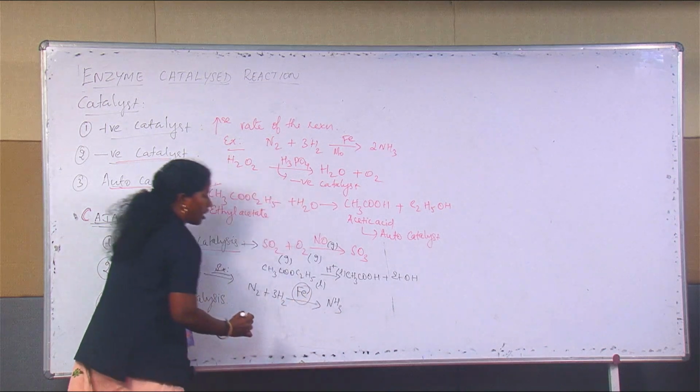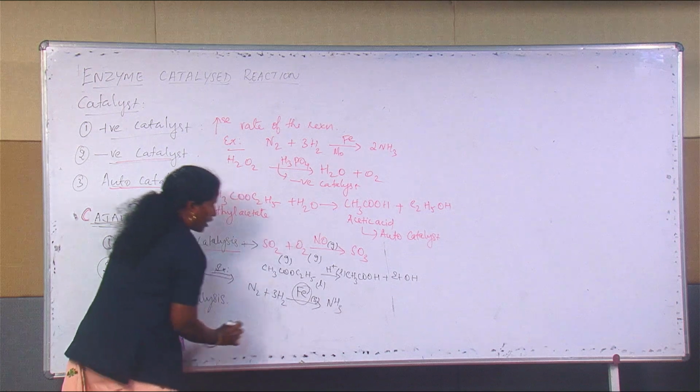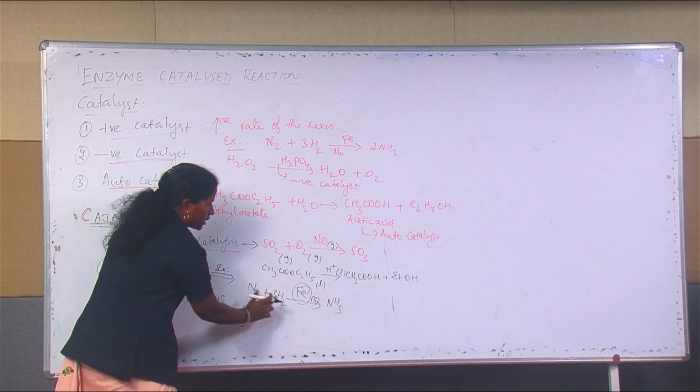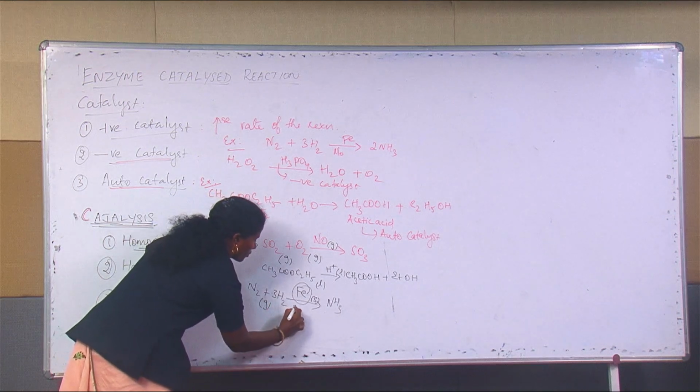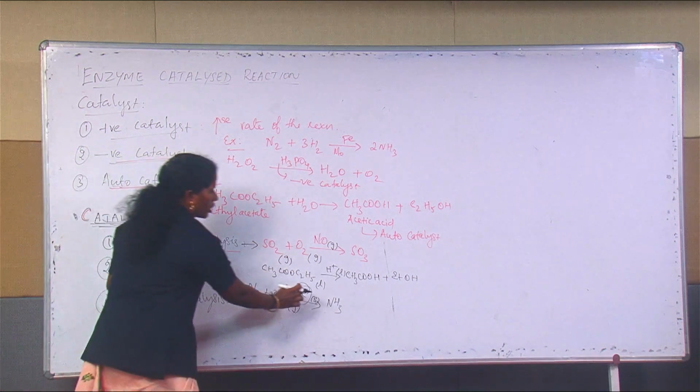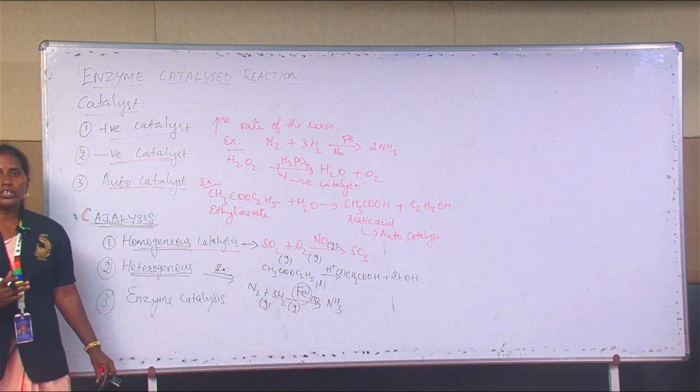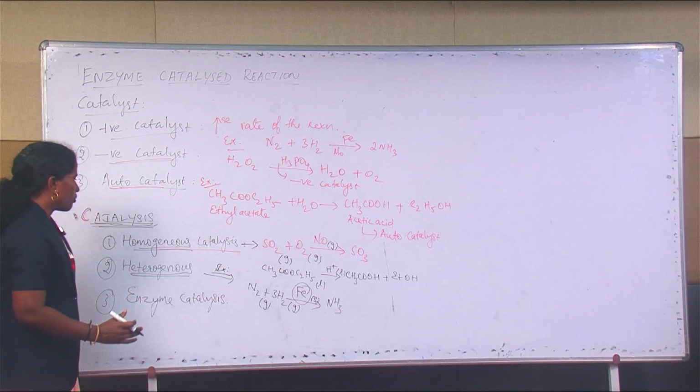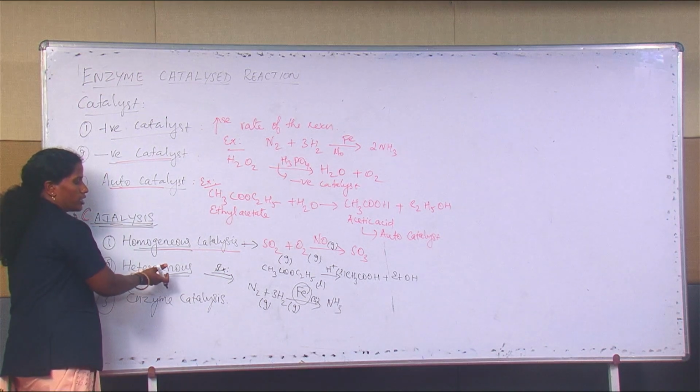Here iron is in solid phase, and nitrogen and hydrogen are in gas phase. So the reactant is in gas phase and the catalyst is in solid phase. Both are in different phases, so this type of reaction is called heterogeneous catalysis.